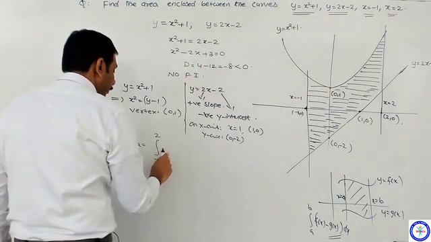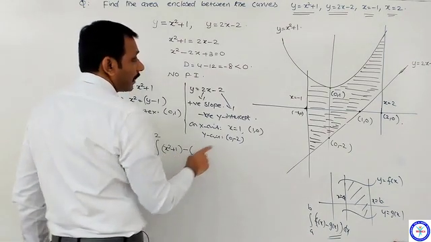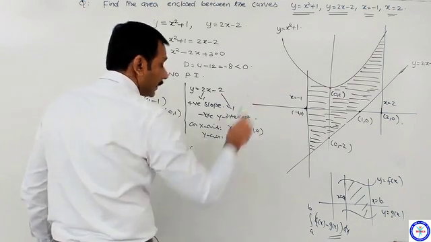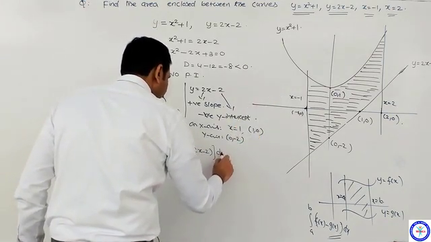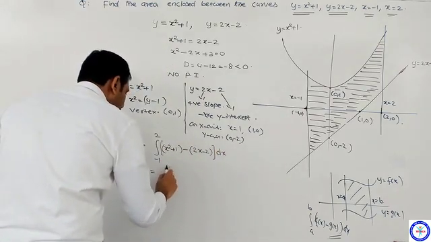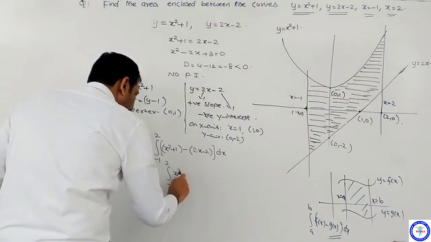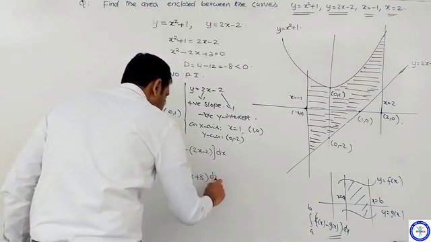What is the upper curve? Parabola, it is x square plus 1, minus lower curve, which is nothing but the line, 2x minus 2, into dx. It is equal to integral minus 1 to 2, x square minus 2x plus 3 into dx.